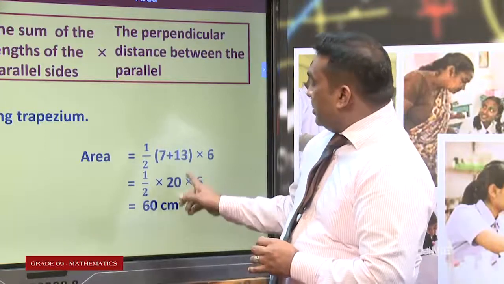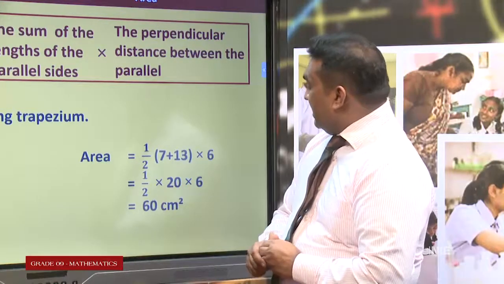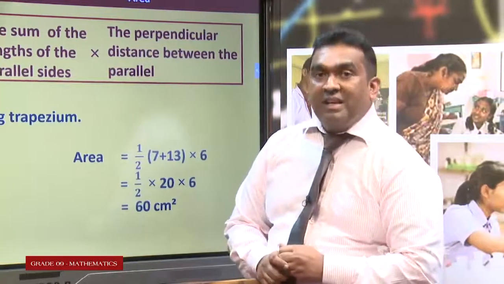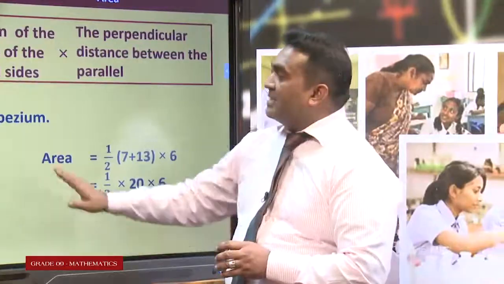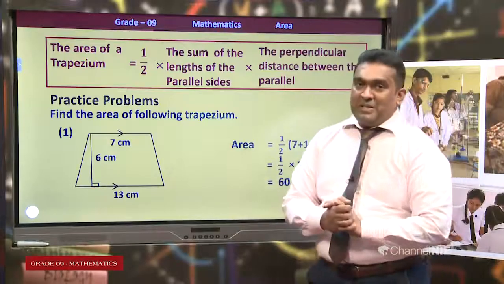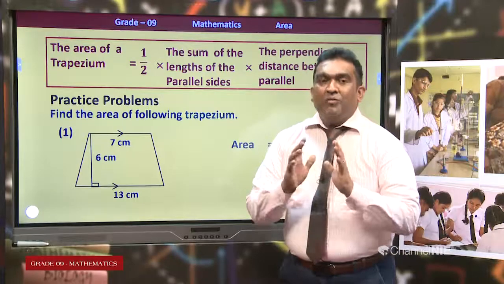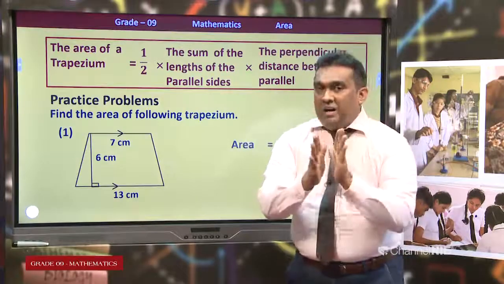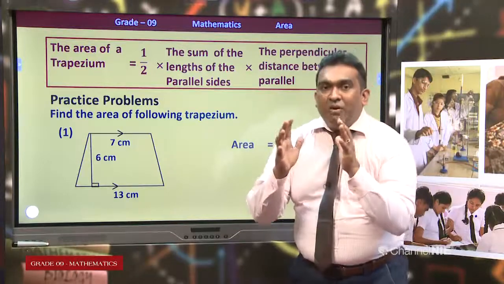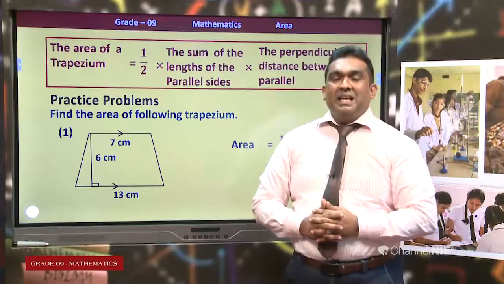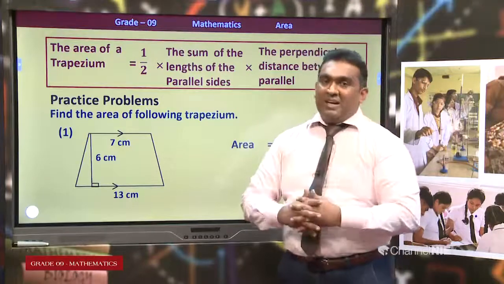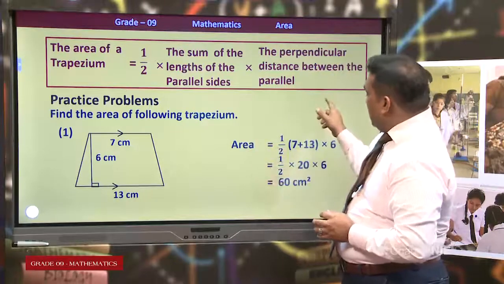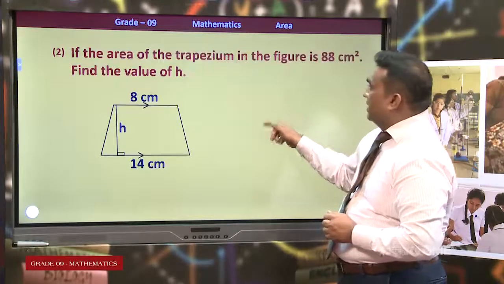You can divide 20 by 2, then 10 centimeters multiplied by 6 centimeters, 60 square centimeters. This is the area of the trapezium, right. If you want to find the area of a trapezium, you consider half, the sum of lengths of two parallel sides and the perpendicular height. After simplifying, you get the area as 60 square centimeters.